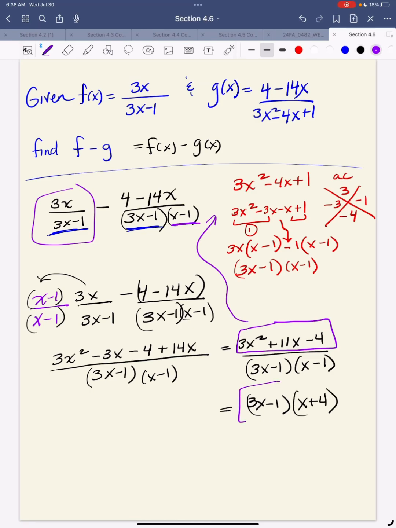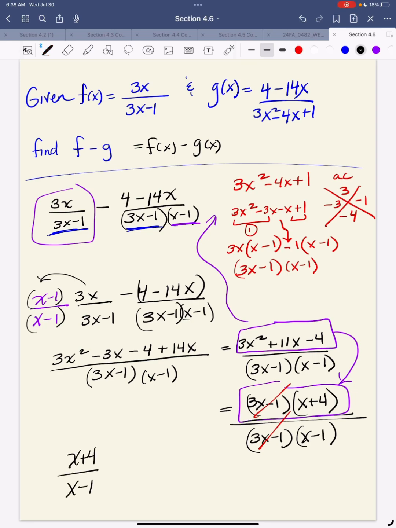So once this is factored, you'll be able to do some cleaning up, meaning some canceling of factors. And what we'll cancel here will just be this. So you'll be left with x plus 4 over x minus 1. And this is your solution.